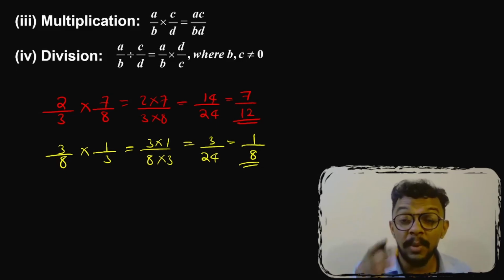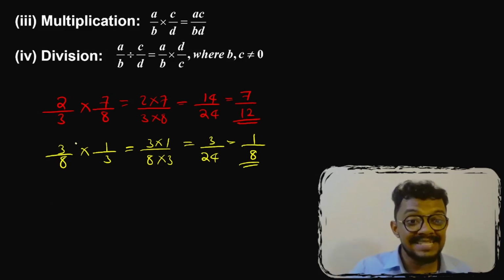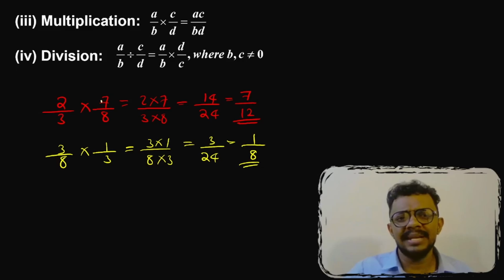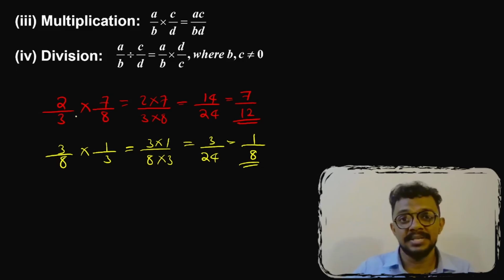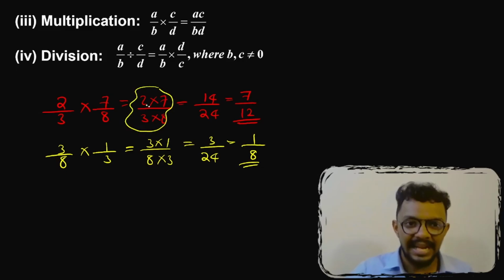Okay, I will give you one more insight, using the same two questions. 2/3 times 7/8. When the question is only multiplication, then from this step onwards, we can cancel. In the numerator, there is 2. In the denominator, there is 8.